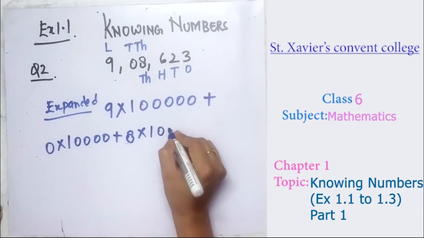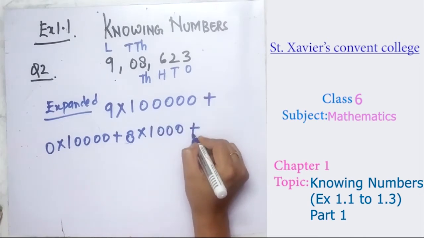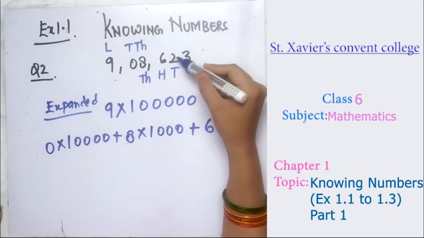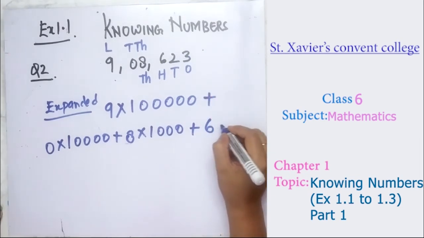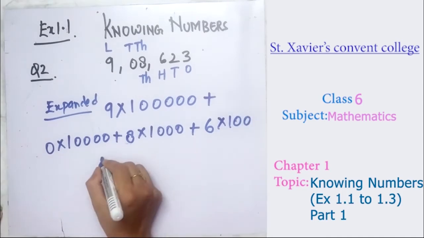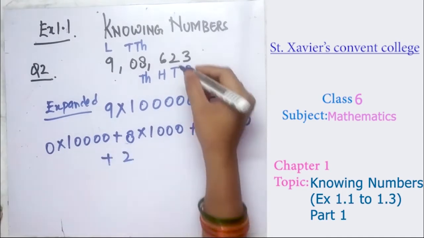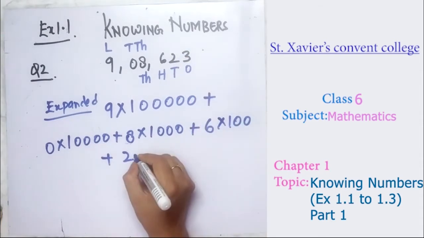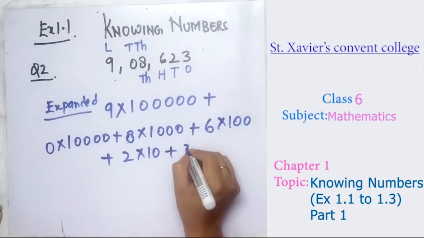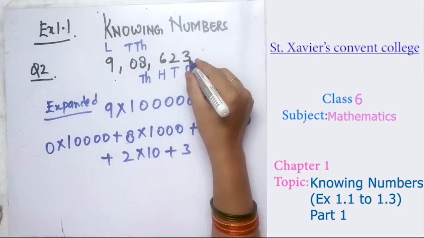So 1, 2, 3 zeros, plus 6. After 6, how many numbers are there? 2. So 6 into 2 zeros, plus 2. After 2, how many numbers are there? 1. 2 into 10.